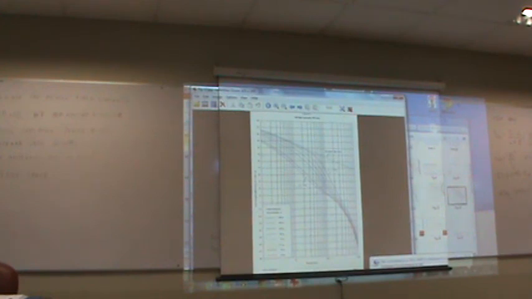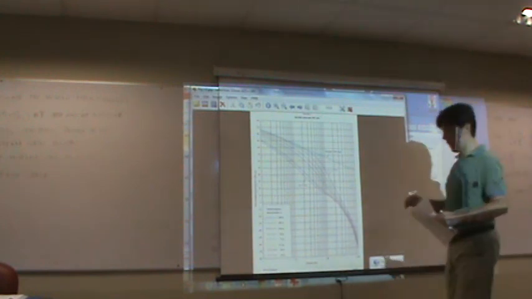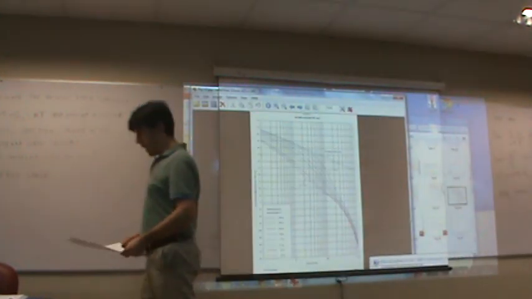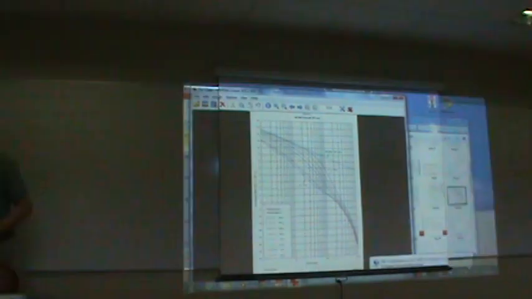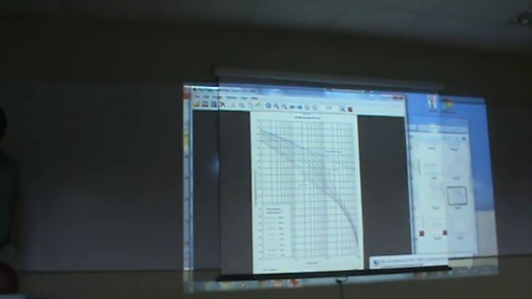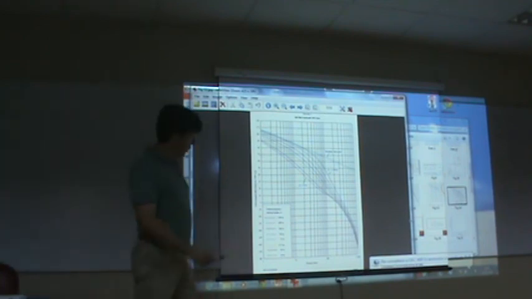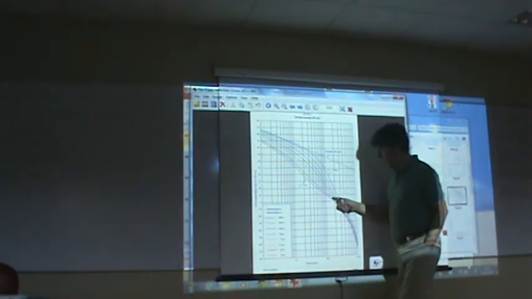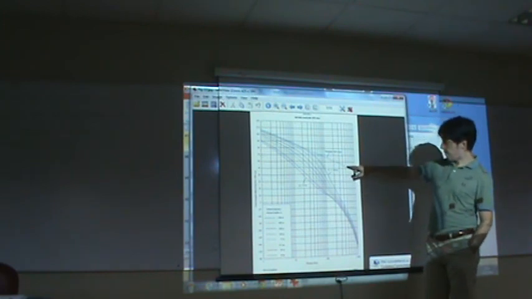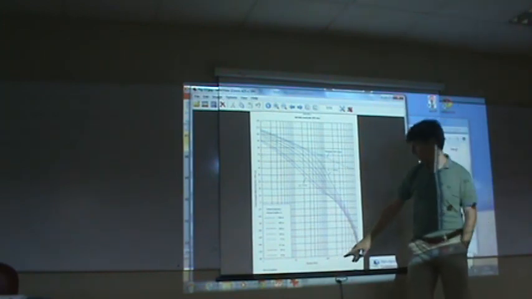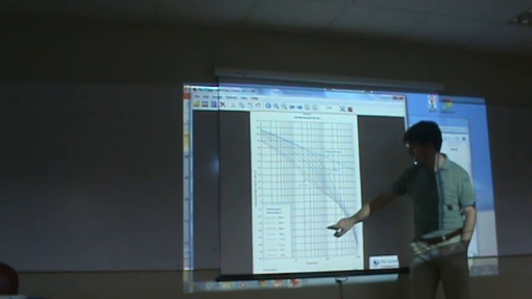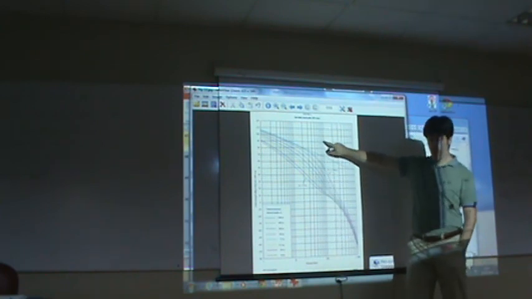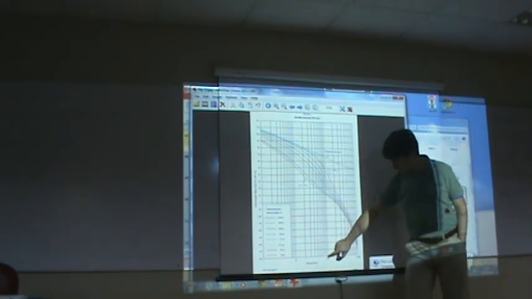That is the free space value, not the value that we will actually receive on the ground. To calculate that value, we can use this graphic. First of all, identify the distance, 100 kilometers, that's the distance we are interested in.